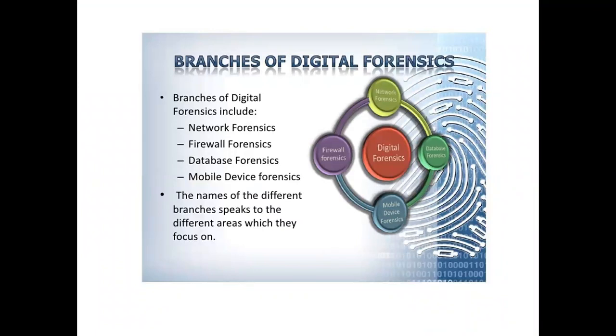Then we have branches of digital forensics, like network forensics, firewall forensics, database forensics, and mobile device forensics. If evidence has been gathered not from one system but through a network of systems, it is termed network forensics. Firewall forensics: usually a firewall protects the information, but we can get information from beyond that also.